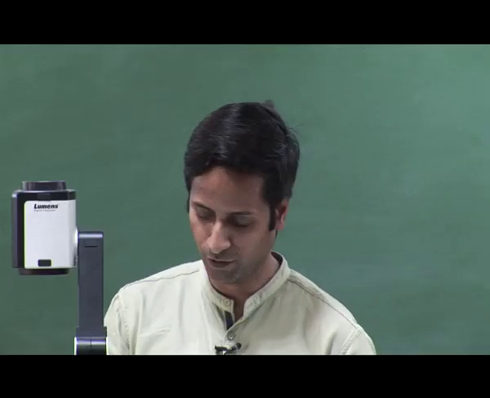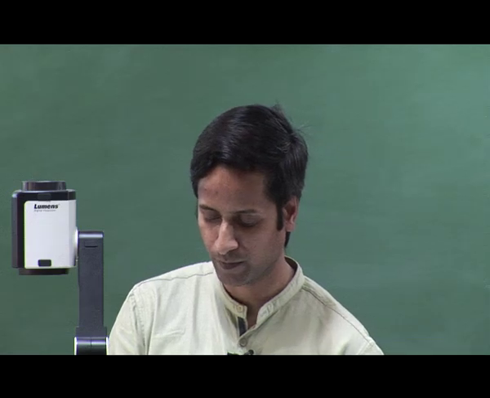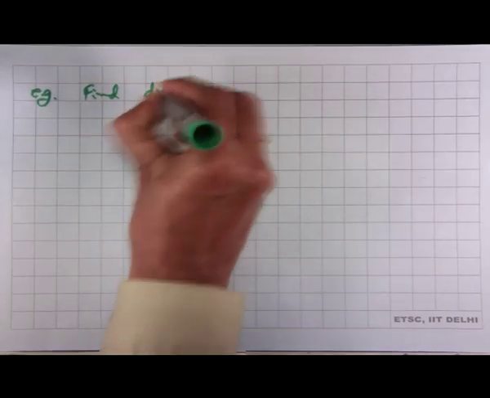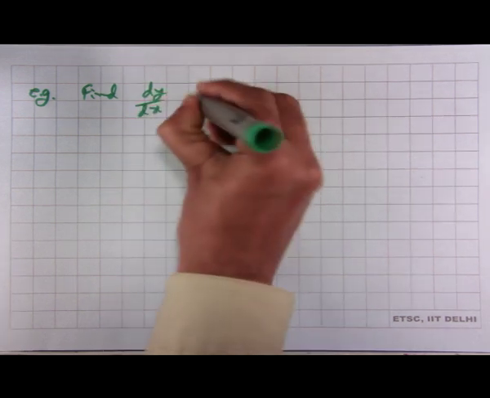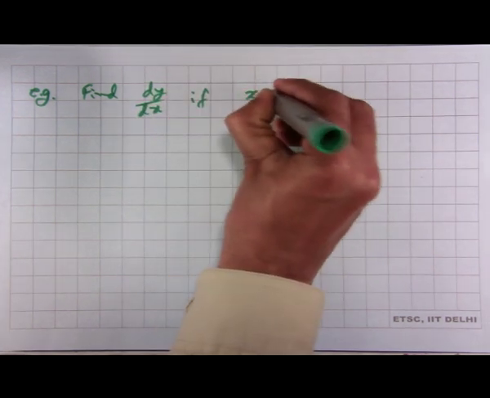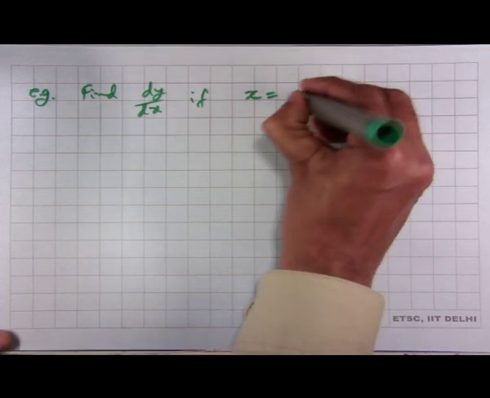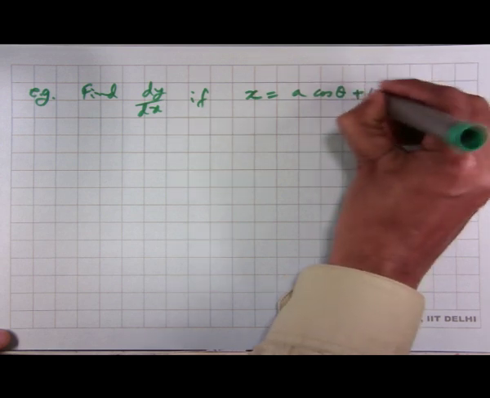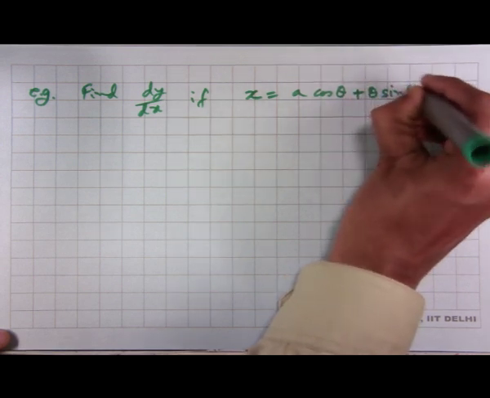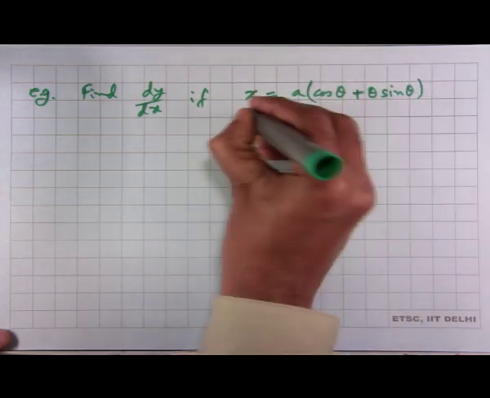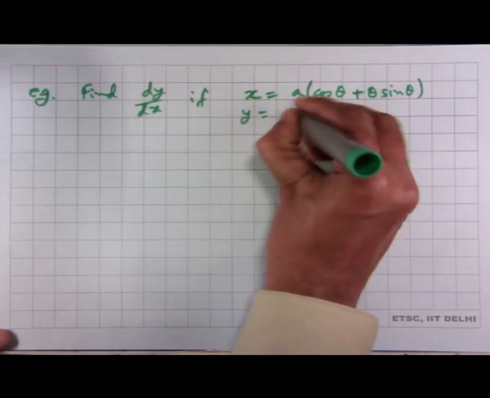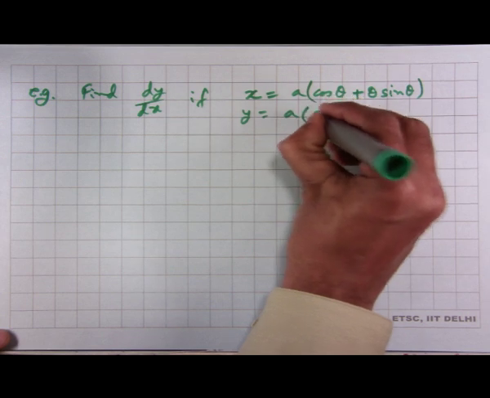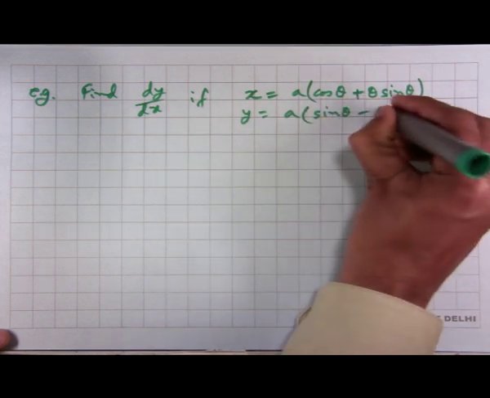Let us look at one more example. Find dy dx if x is given by a times cosine theta plus theta sin theta and y is a times sin theta minus theta cos theta.